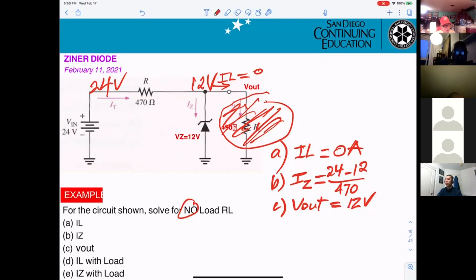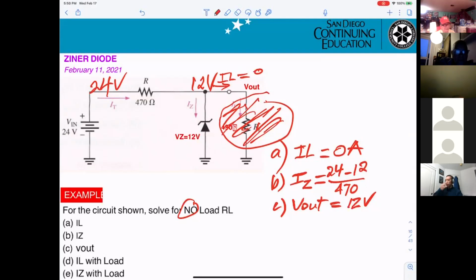When I say no load, that means I want to remove a load out of the circuitry. Right, but I meant the 24 volts on the other side, not the part that's removed. The 24 volts cannot go to the V out.